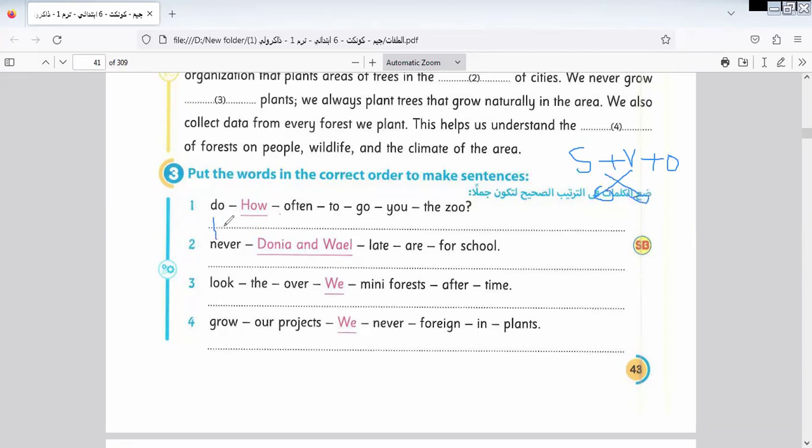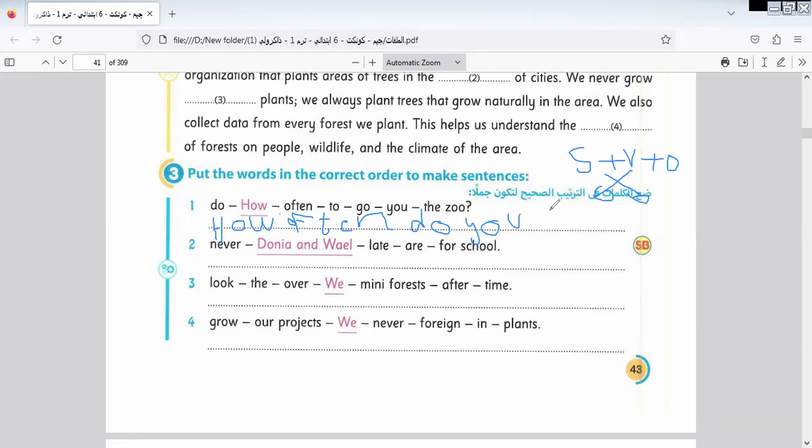How often do you go to the zoo? It will be how often. So I ask about the times that you go to the zoo.